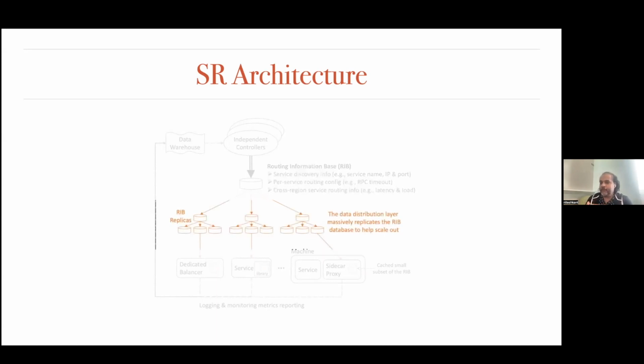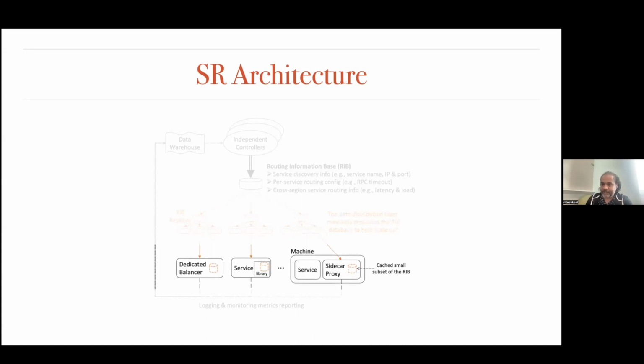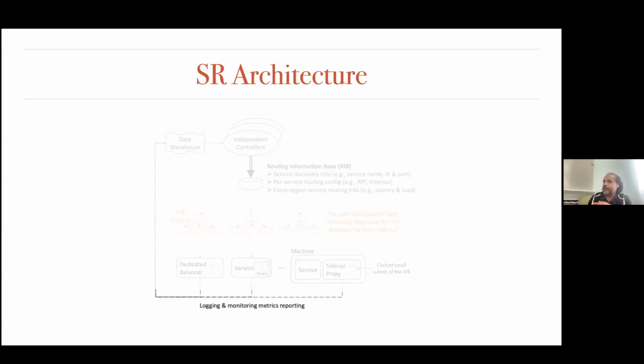This whole routing information is stored, replicated, and distributed to various ServiceRouter instances in our fleet through our in-house data distribution layer. This information gets to the ServiceRouter libraries, which, as they route requests, publish logging and monitoring information. Going through our data warehouse, it gets to the independent controllers, which in turn augment the control plane information, like the cross-region service.